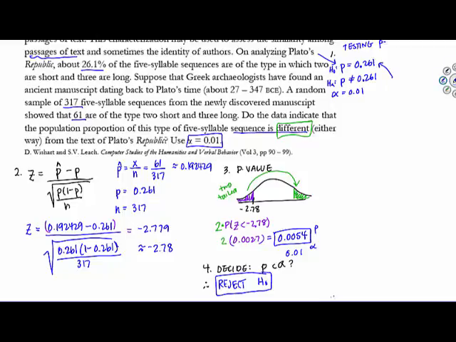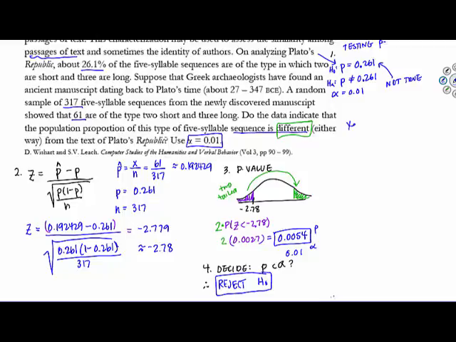So what does that mean here? If we say, did Plato write this or not? Well, it's probably not true for our null hypothesis, that the percentage of these syllable sequences to be 26.1%.